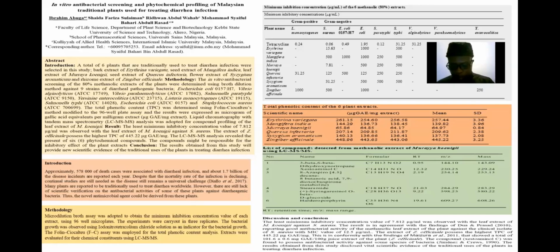The compound Vescoaminoin C was found to possess antibacterial activity against some species of bacteria. In conclusion, the result obtained from this study disclosed vital scientific evidence of the traditional uses of plants in treating diarrhea infection.